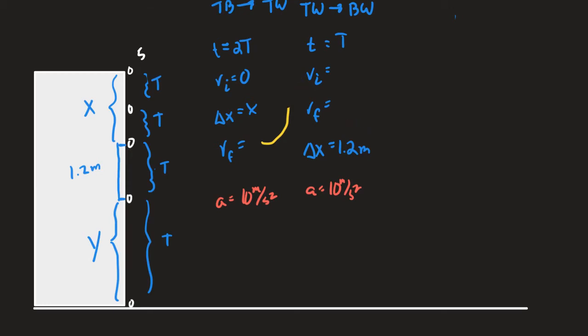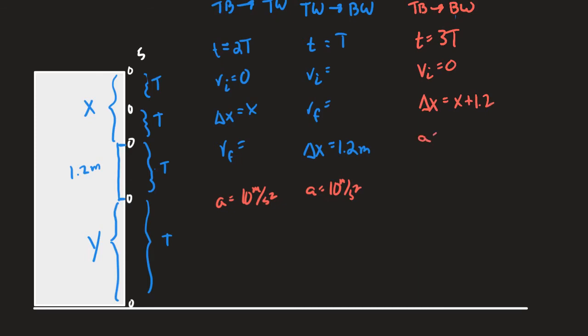In my head, I'm thinking right now, if I do top of the building to the top of the window or top of the building to the bottom of the window, from the top of the building to the bottom of the window, the time period is 3t. The initial velocity is 0. Delta x is x plus 1.2.